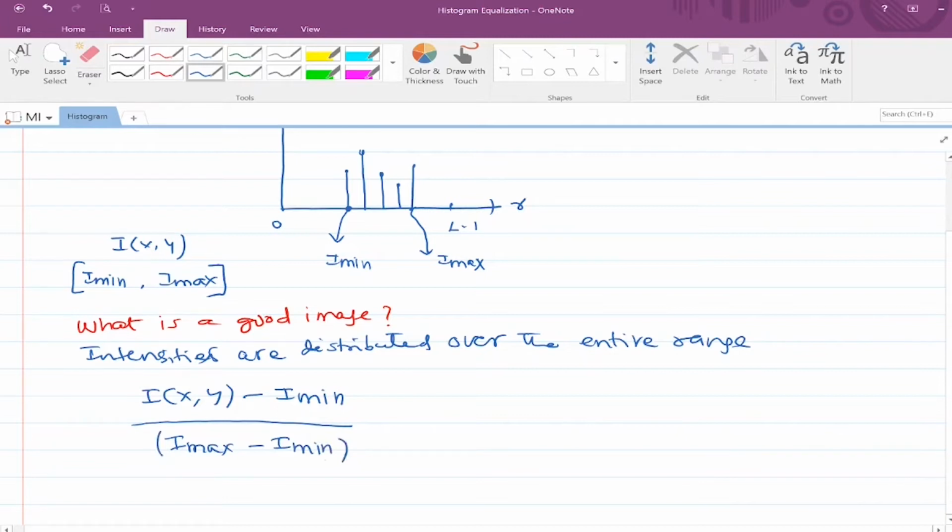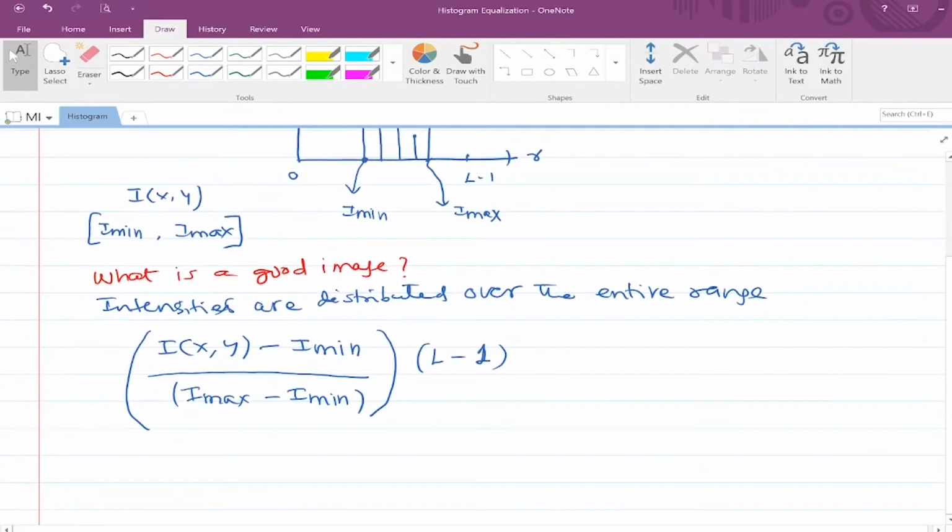So when I of xy equals I max, this whole fraction would give us one value, and we want that 1 to go to L minus 1. So this whole thing is multiplied with L minus 1, so that it gets mapped to L minus 1. And then of course you do a quantization, or approximate it to the nearest integer, and that gives you a new image after applying this transformation on the image.